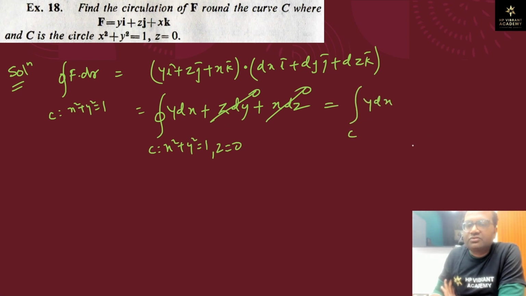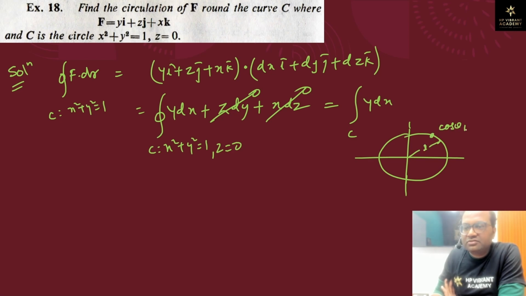The curve is our circle with radius 1. Any point on this will be cos theta and sin theta because the radius is 1, and theta varies from 0 to 2 pi. So we have x as cos theta and y as sin theta.